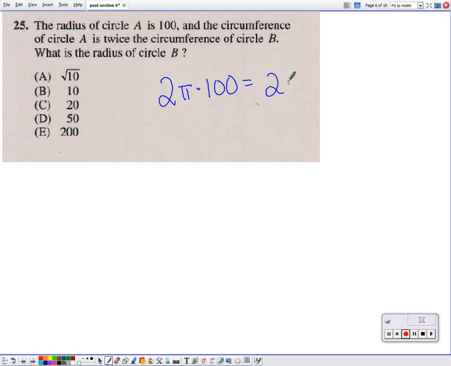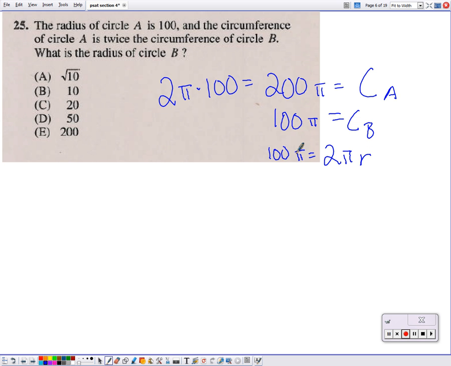And that makes 200 pi the circumference of A. Now, I know that this is twice the circumference of circle B. So circle B has to have a circumference of 100 pi. That makes the circumference of B smaller, because circle A needs to be twice the circumference of circle B. So 100 pi equals 2 pi r, and the pi's cancel, and that makes the radius for circle B 50.